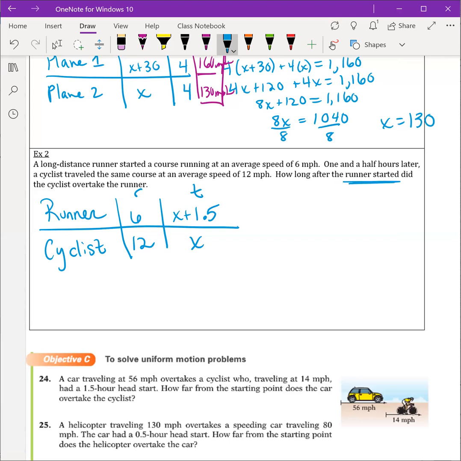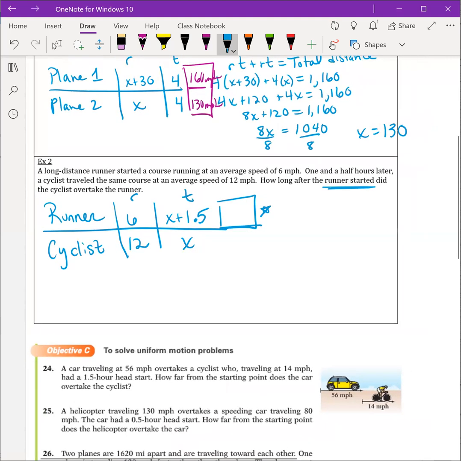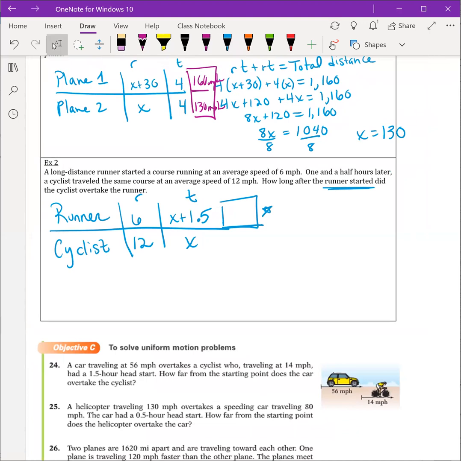So we want to know how long did the runner run, till the cyclist caught up. It doesn't say anything about distance, so they're going to be meeting up. So RT equals RT. 6 times x plus 1.5 equals 12x. 6x plus 9 equals 12x.